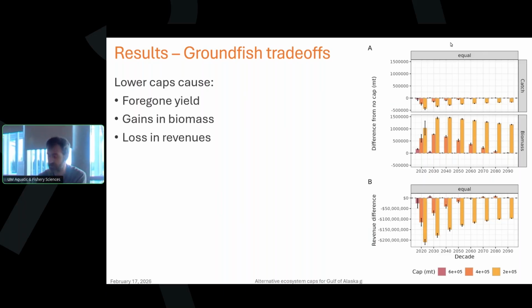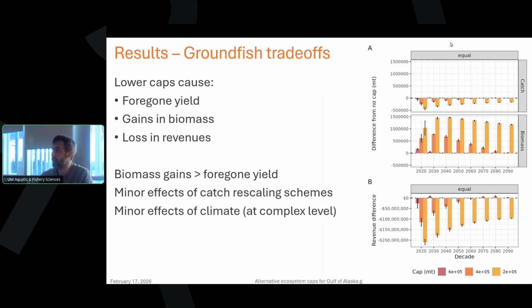But if you were to take recent estimates of prices for the various stocks, you would see, of course, a fairly large loss in the revenues for the fishery. But yeah, the biomass gains seem to be bigger than the yield that you left on the table.